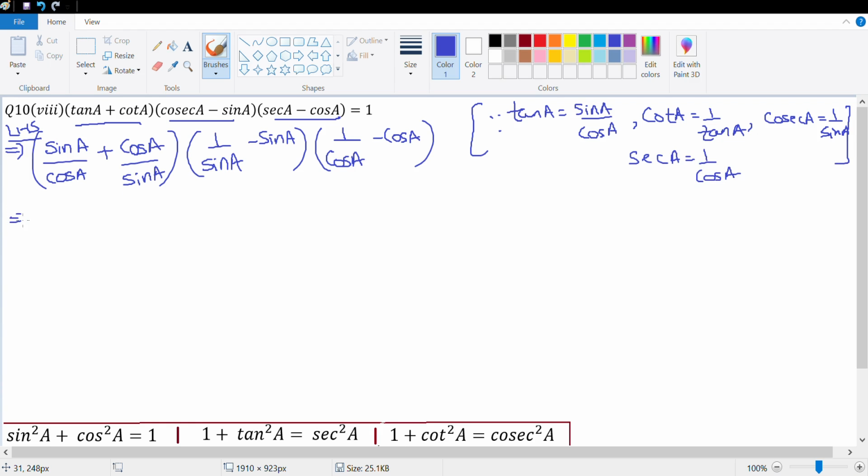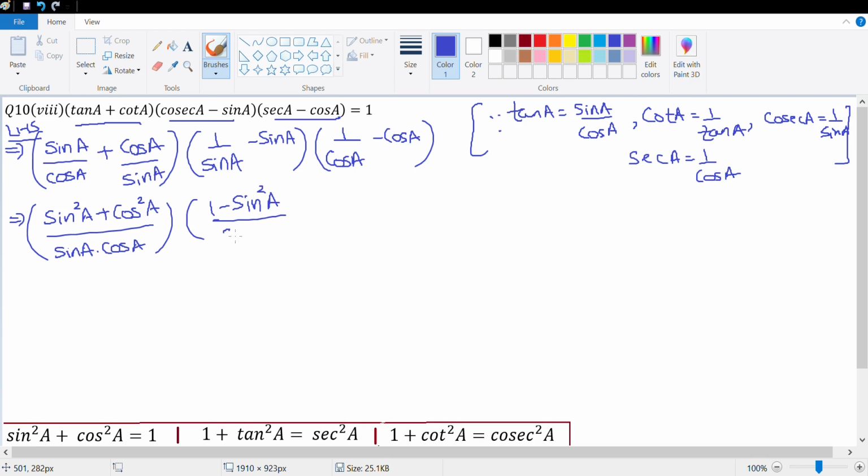Next, let's take LCM. So this becomes sin square A plus cos square A upon sin A times cos A. This becomes 1 minus sin square A upon sin A, and this becomes 1 minus cos square A upon cos A. Done.